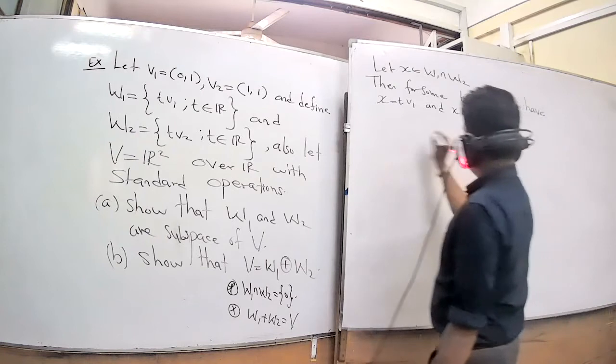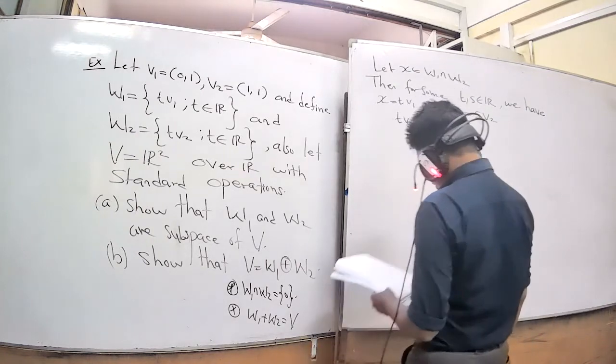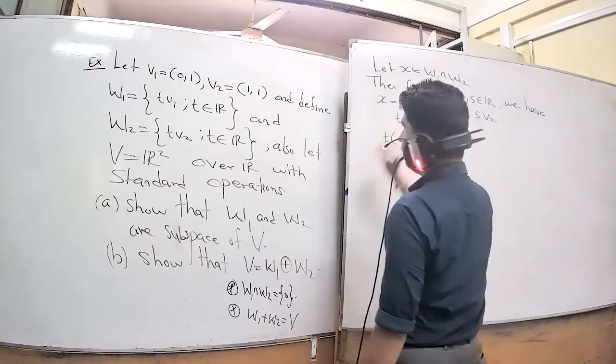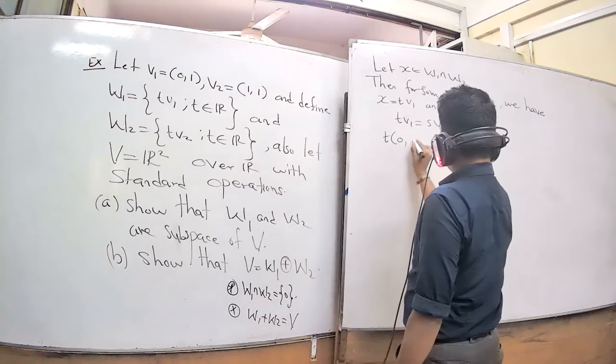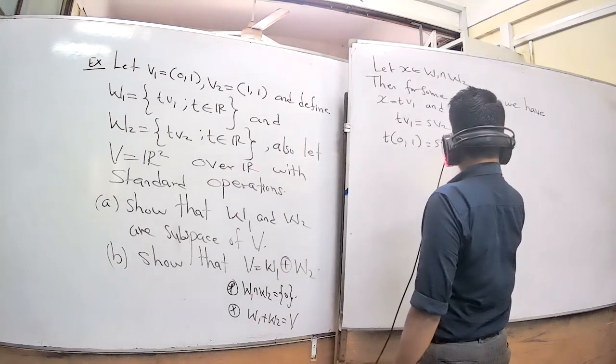But both are x, therefore t v1 equals s v2. What are the values of v1? V1 is given as 1, 0. What is v2? 1 comma 1, so s times (1, 1).